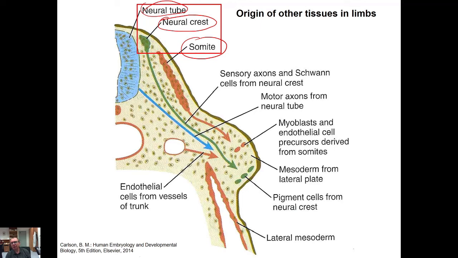Vessels are growing into the limb buds. Pigment cells, melanocytes, are migrating from the neural crest. So there are several other sources, but the main source of tissues in the limb is ectoderm on the surface and lateral somatic mesoderm centrally.